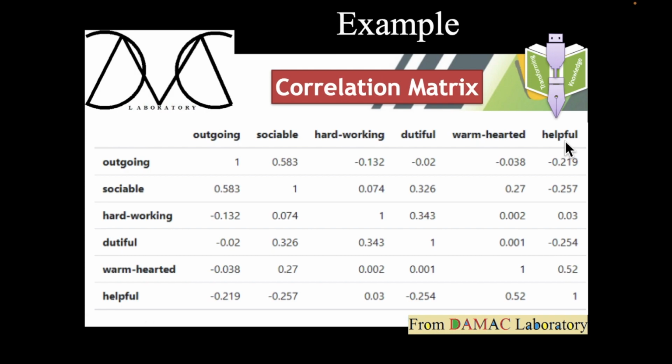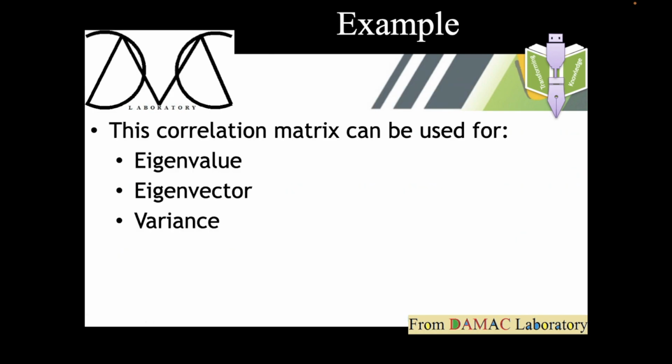Till now we were doing exploratory analysis, and to confirm this we will do confirmatory analysis. This correlation matrix can be used for eigenvalues. Once you have the correlation matrix, to confirm it you can go for eigenvalue generation, then plot it in a scree plot and check whether the number of factors is as expected. Eigenvectors can also be generated from this correlation matrix.